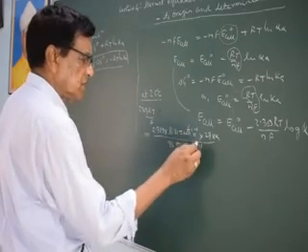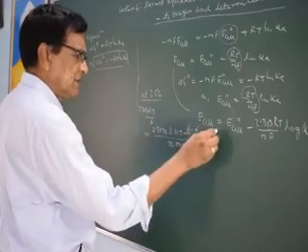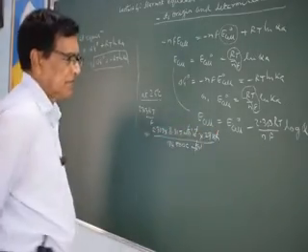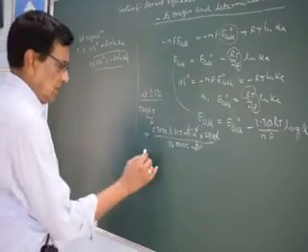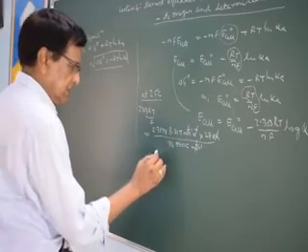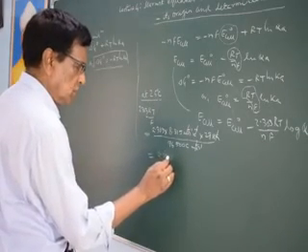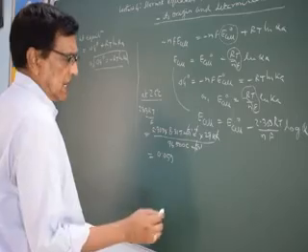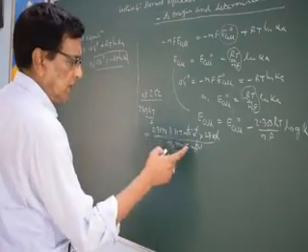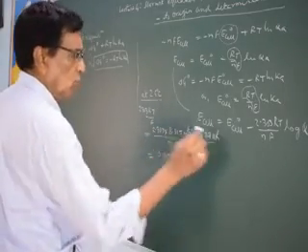So mole inverse cancels, Kelvin cancels, and this will give you 0.059, and joule by coulomb is the volt.